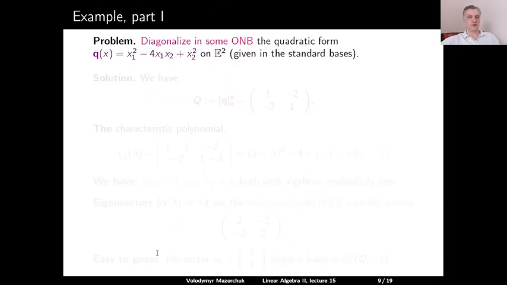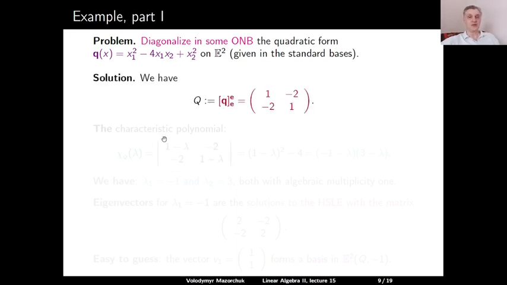Let us solve the following problem. Let us diagonalize in some orthonormal basis the quadratic form on E2, which is given by the expression Q of x is equal to x1 squared minus 4 x1 x2 plus x2 squared in the standard basis. Note that the standard basis is an orthonormal basis in E2.